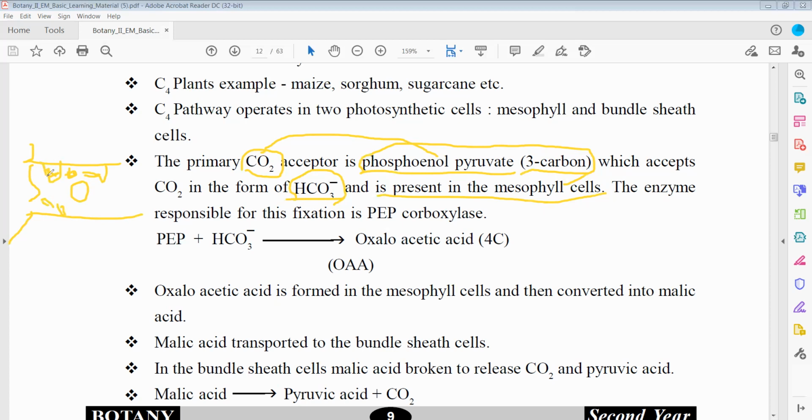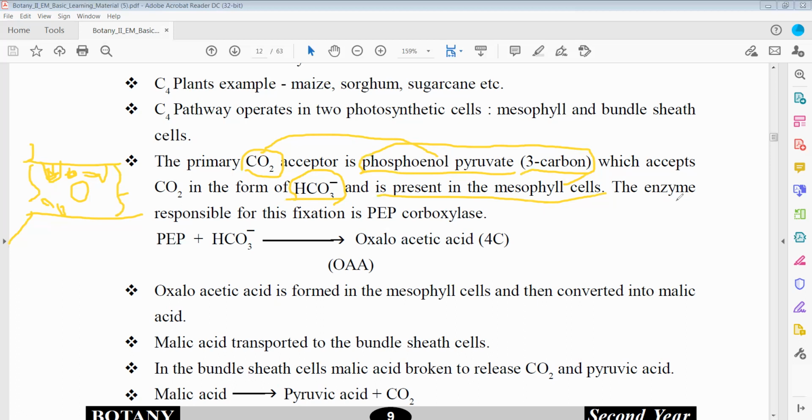Here elongated cells are present. This is the mesophyll from upper epidermis to lower epidermis. In these cells, first of all, CO2 is taken up in the form of bicarbonate, that is HCO3.